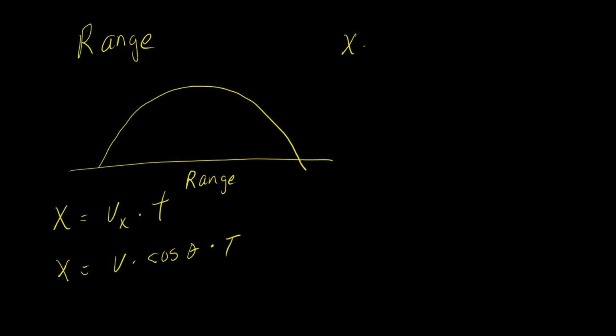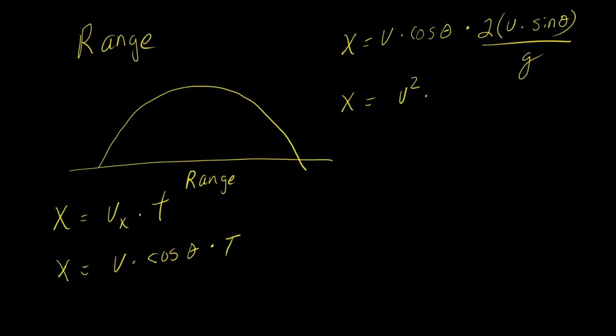So we can say then that x is equal to velocity times cosine theta. We said earlier that the time was 2 times the velocity times the sine of theta divided by g. We will have x is equal to velocity squared times 2 times the cosine of theta times the sine of theta.